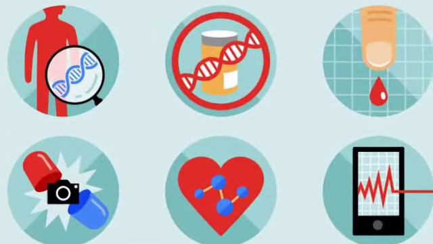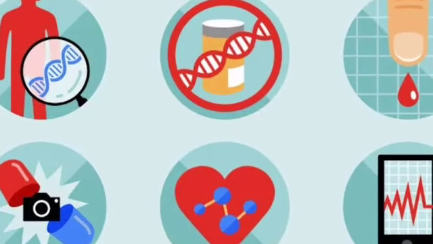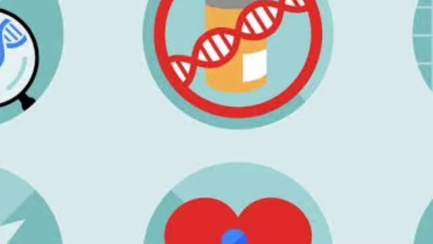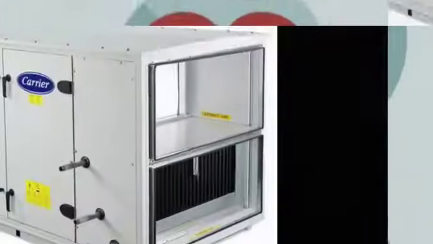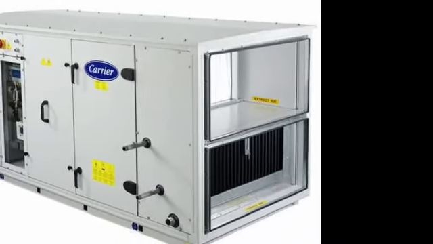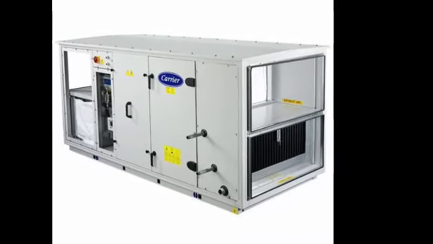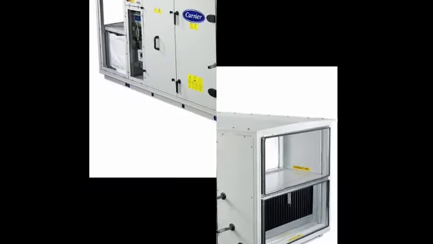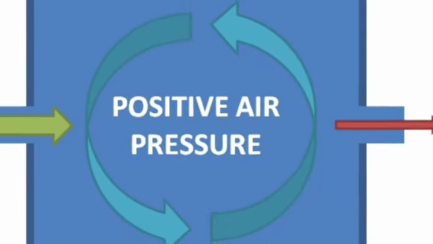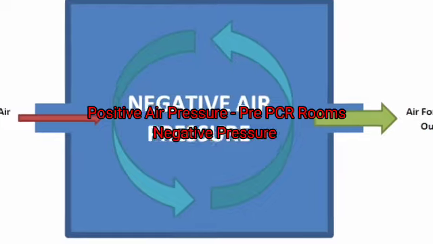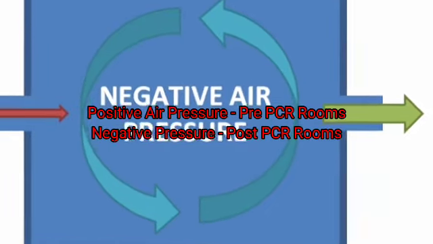Diagnostic labs detecting very low levels of DNA or RNA in clinical samples may want to adopt the additional security measures of having separate air handling systems with slightly positive air pressure in the pre-PCR rooms and slightly negative air pressure in the post-PCR rooms.